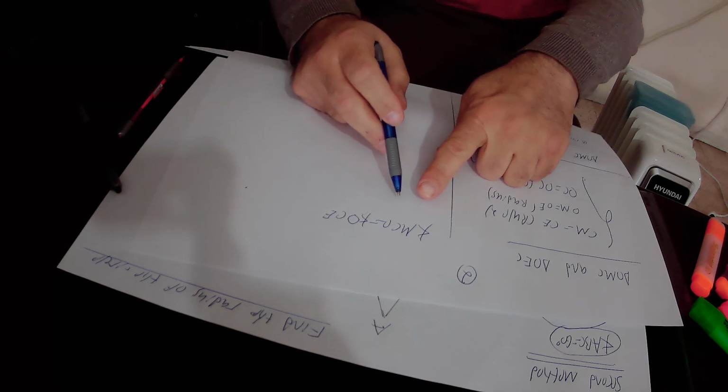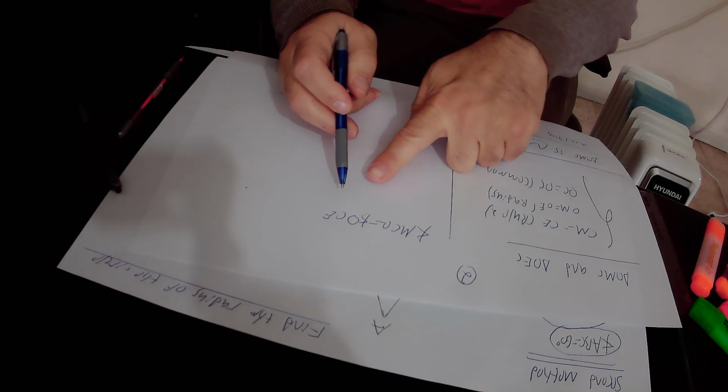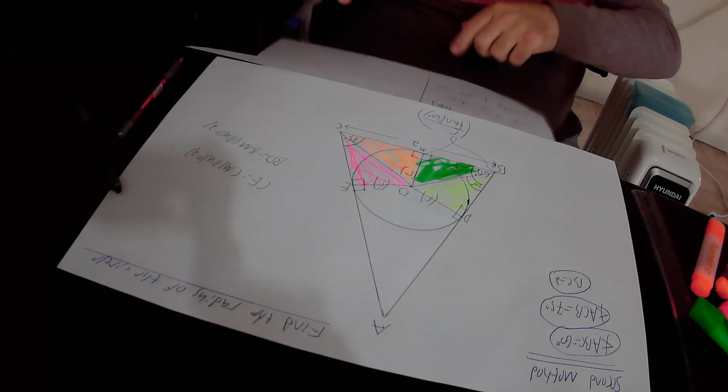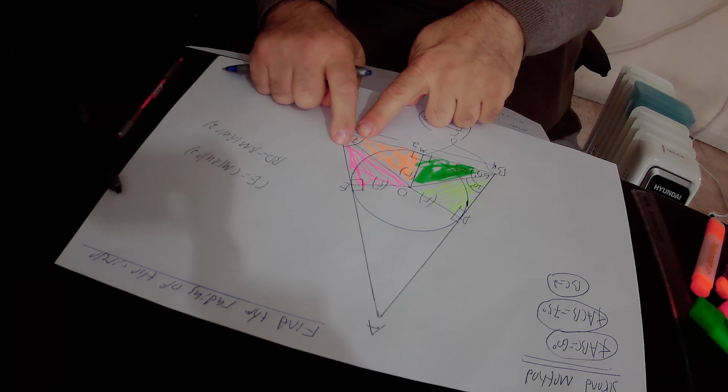Angle MCO equals angle OCE, according to the rule that corresponding angles in congruent triangles are equal to each other. Those two triangles are congruent to each other, therefore those two corresponding angles must also be equal to each other.